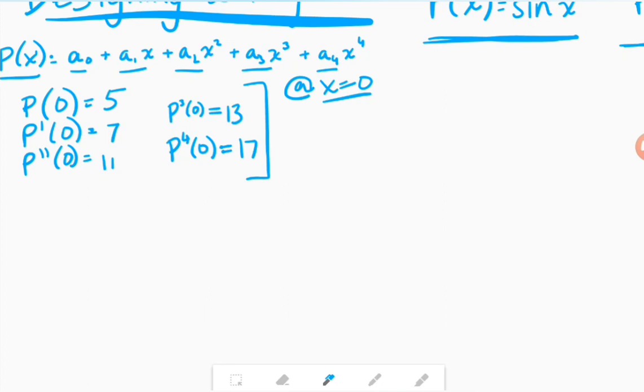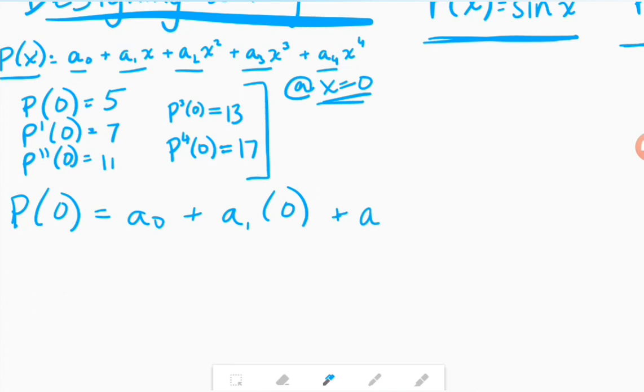So to find the first value, a sub 0, it won't be that bad, considering all we need to do is plug in 0 wherever there's an x, and we'll basically get a sub 0, which is 5. But I'll demonstrate it. I'm just going to write p of 0 is equal to a sub 0 plus a sub 1 times x, but since we're doing this at x equal to 0, we're just going to substitute 0 in for x.